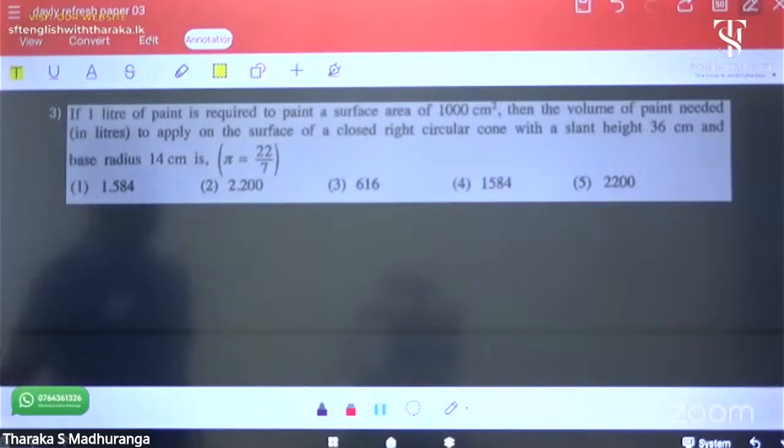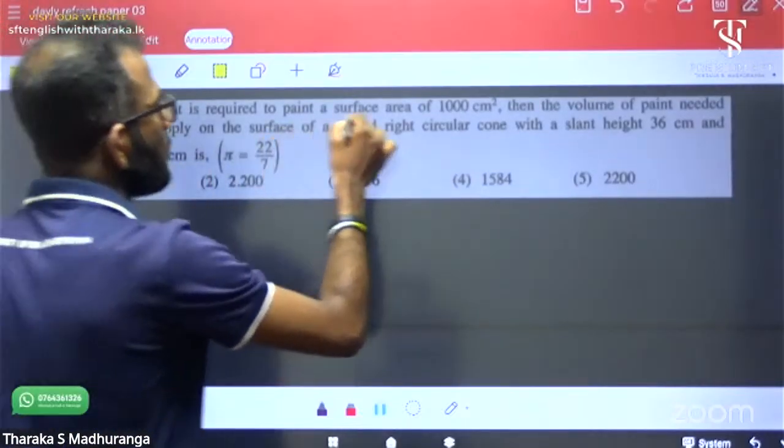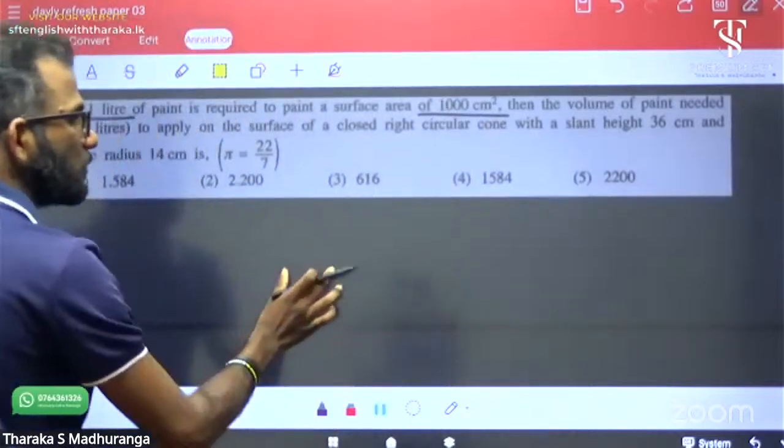Take pi as 22/7. If 1 liter of paint is required to paint 1000 square centimeter.